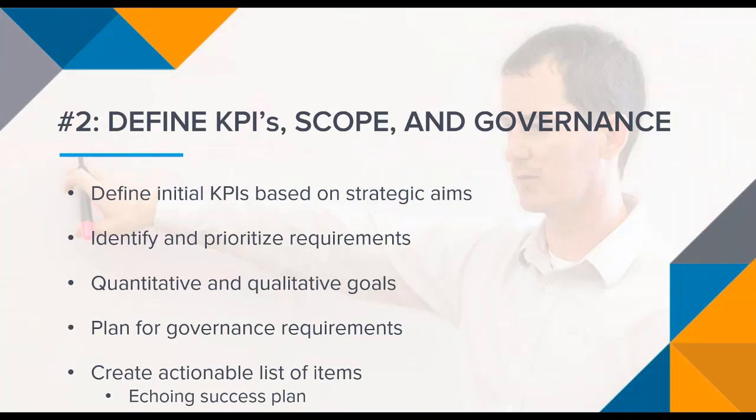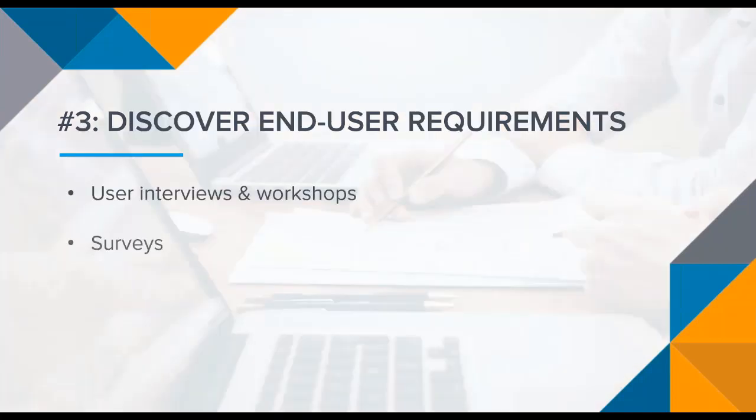There's definitely this idea of agile within waterfall, and I really think having that actionable list of items that is echoing the success plan that you have is going to be really important to build out as quick as possible here. And I'm saying that in that second step, after you've already gotten a general overview of the project, great, now you need that list of things that you can work upon.